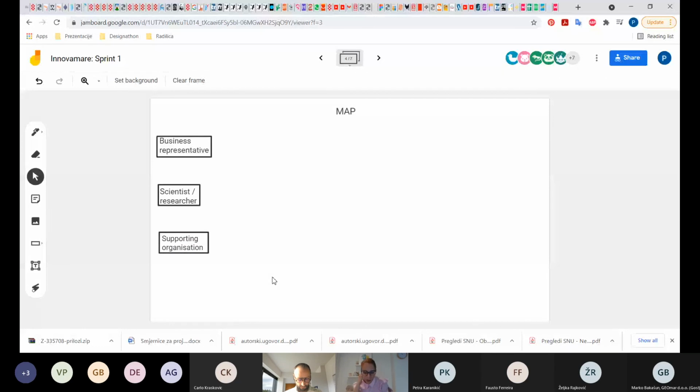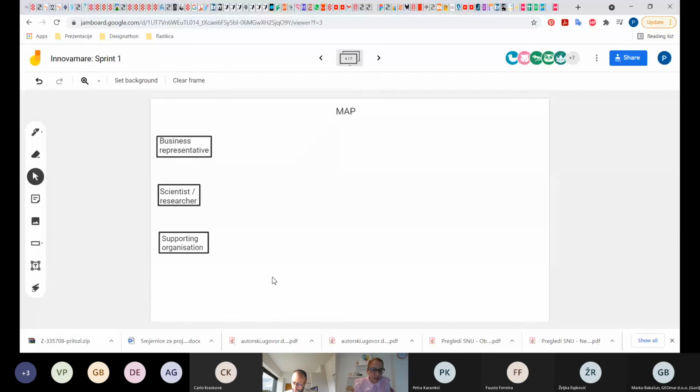Okay, so the idea is that we have defined key actors of the platform that we are tackling, and to see that each of these paths or journeys has some kind of end to it. For a business representative, it's probably some product or service that is designed and launched. For scientists, it's research done or a scientific work finished.